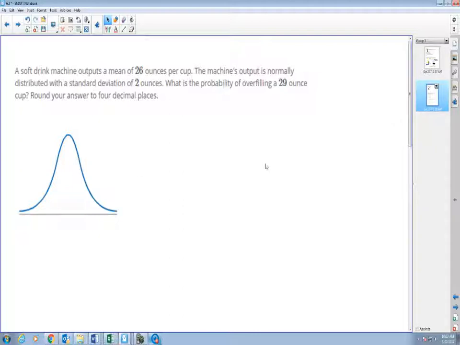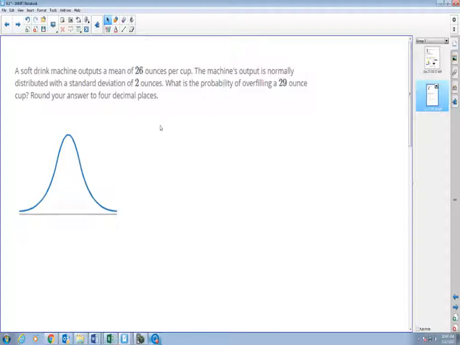Let's say a soft drink machine, this is a very neat problem, outputs a mean of 26 ounces per cup. The machine output is normally distributed with a standard deviation of 2 ounces. That means it can give or take about 2 ounces, because you don't want to overflow.